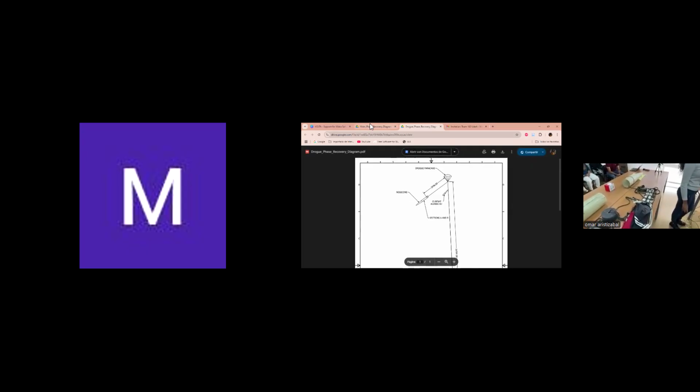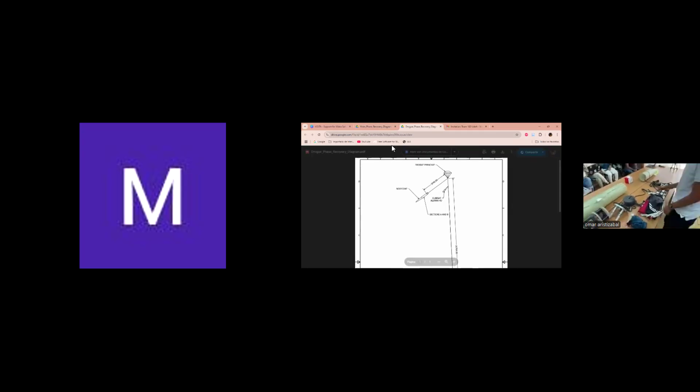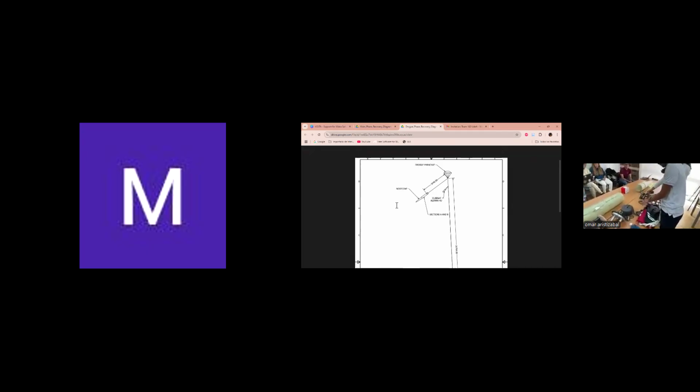Okay, and how long is that shock cord? This shock cord for the main section is 35 feet in length.